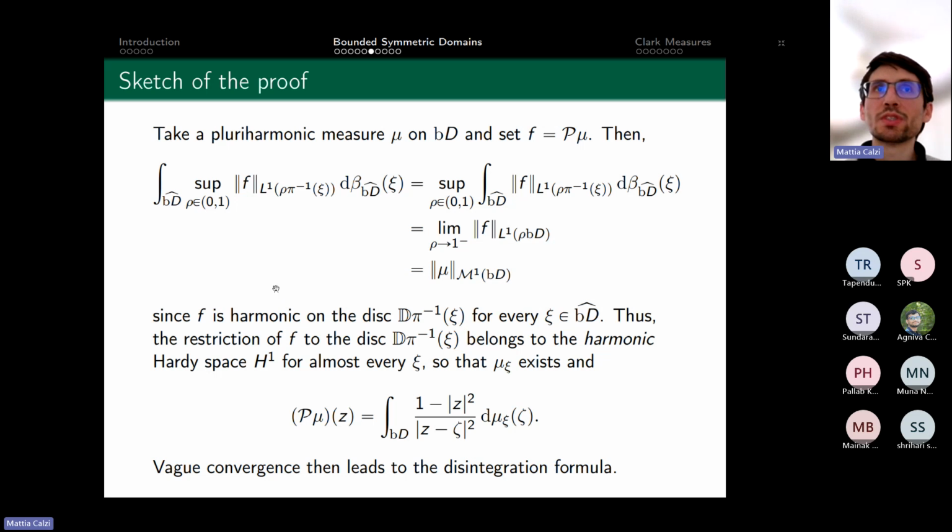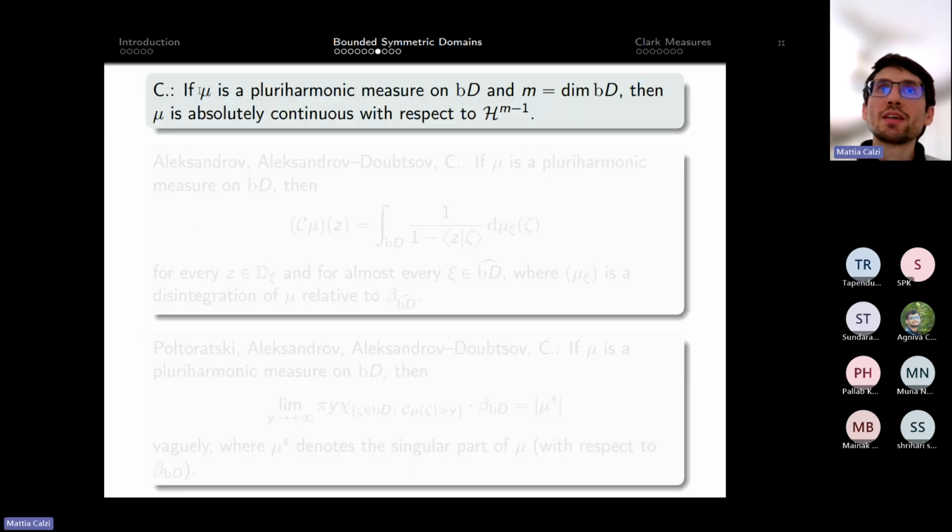And I'm going to skip the proof. And a consequence of this result is that if you have a pluriharmonic measure on the Shilov boundary, and m is the dimension of the Shilov boundary, which I recall is an analytic submanifold and a real algebraic set, then mu is absolutely continuous with respect to the Hausdorff measure with dimension m-1, which does not mean that it has a density with respect to this measure, which is false, but it means that if you take a negligible set for this measure, then it is negligible also for mu.